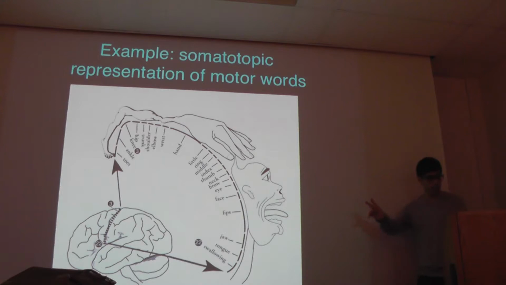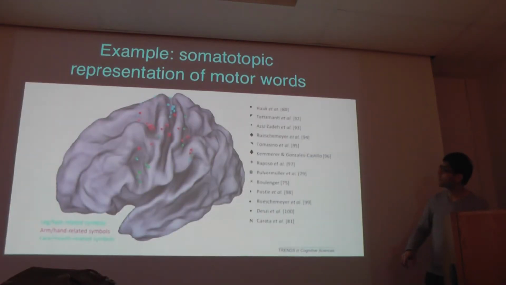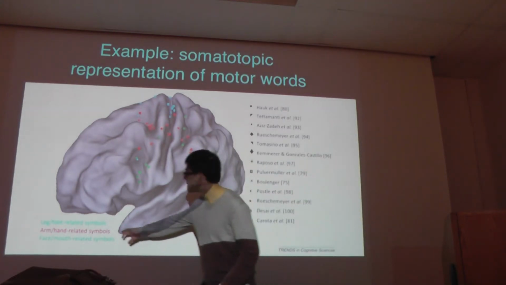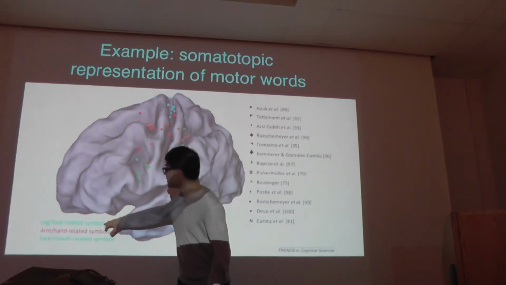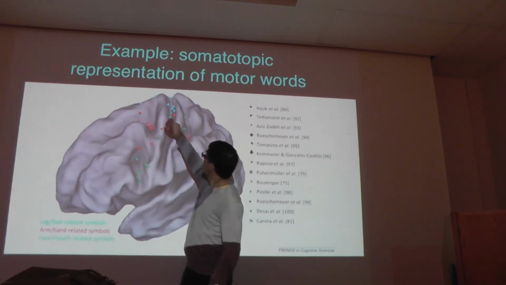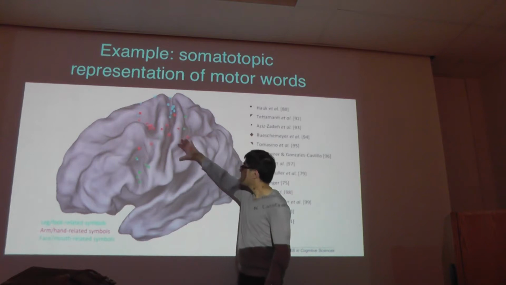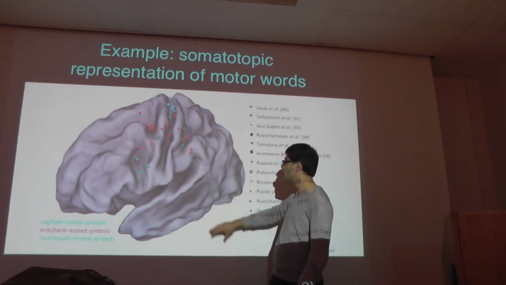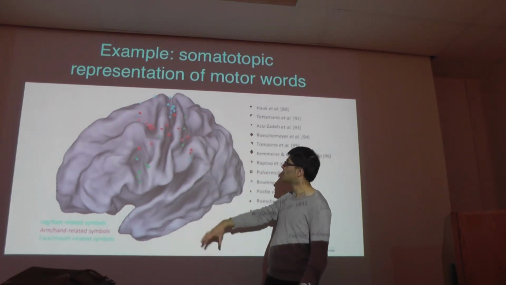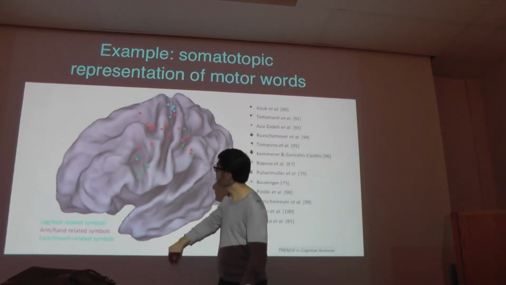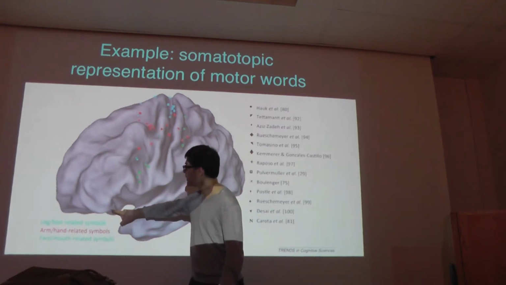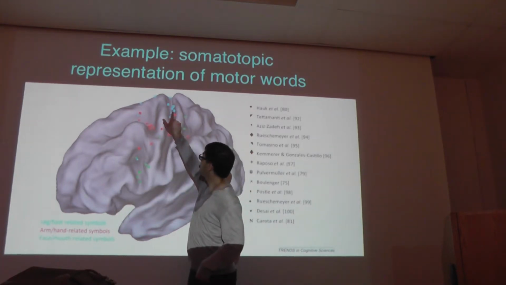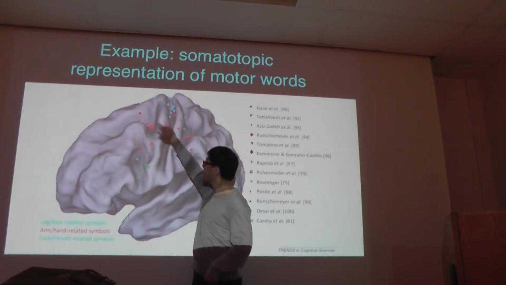Now, the one thing I just want to point out here is, well, let me show you. You probably can't see this because it's not very good contrast, so I'll just tell you. This is a meta-analysis from the Pulvermuller paper of where you get activation for different types of words. The blue stuff is words related to legs or feet, like kick, run, jump, and that's up here in the brain.